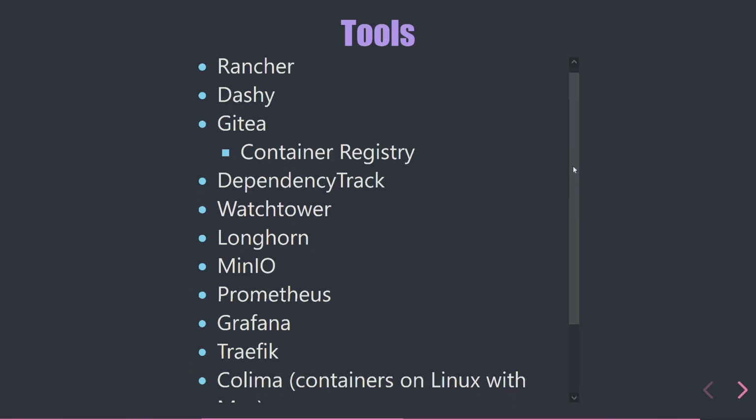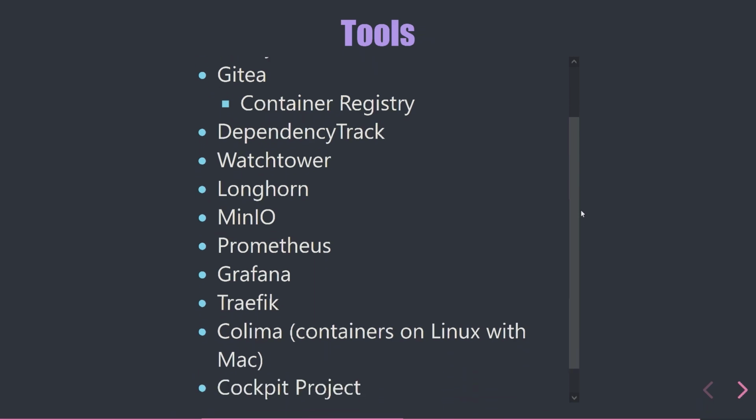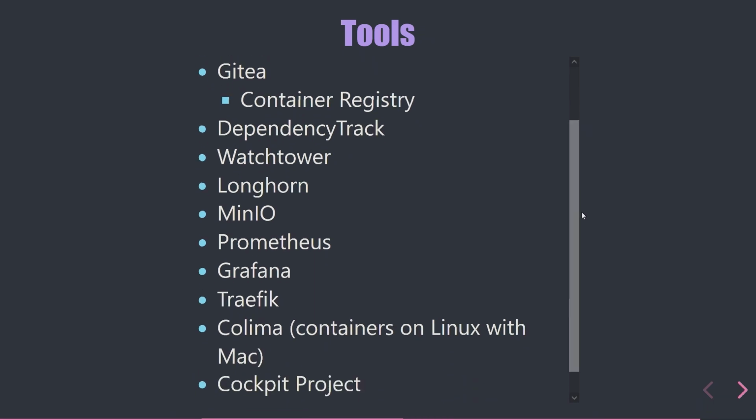Then for managing our containers and our code, we have these in a Git thing hosted in a Docker container. People have mentioned GitLab before, but it's essentially a more free open source software version of GitLab. I wasn't entirely sure on GitLab's licensing, so it just seemed easier to go with Git.